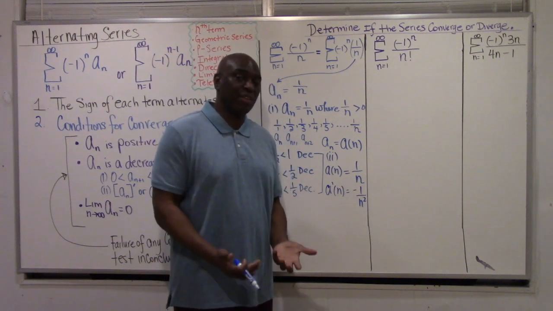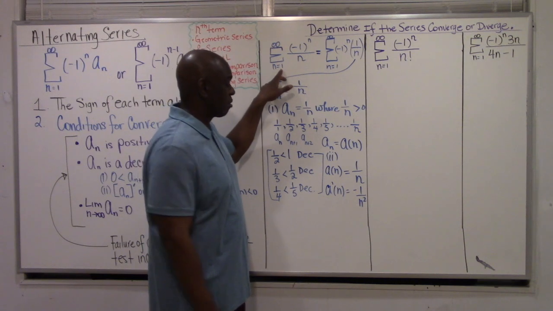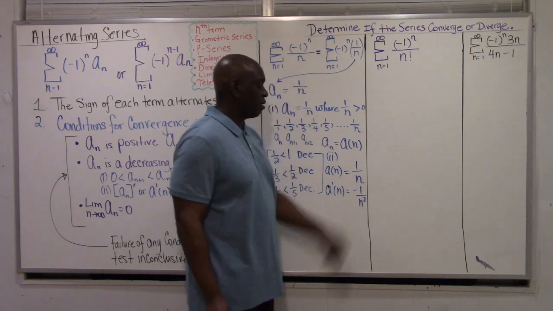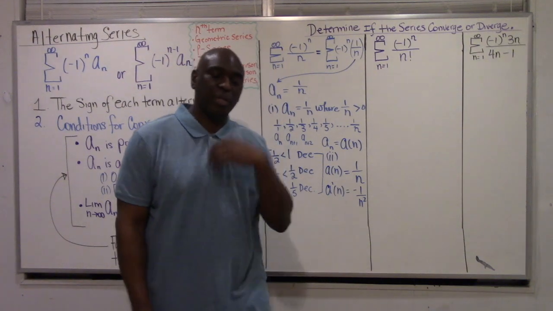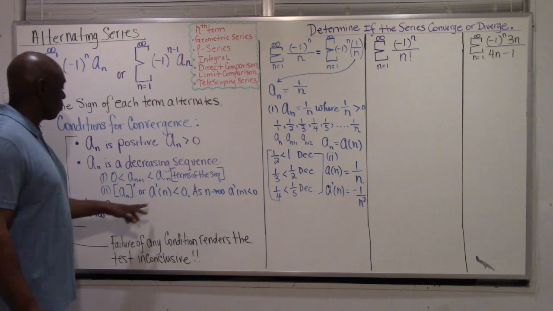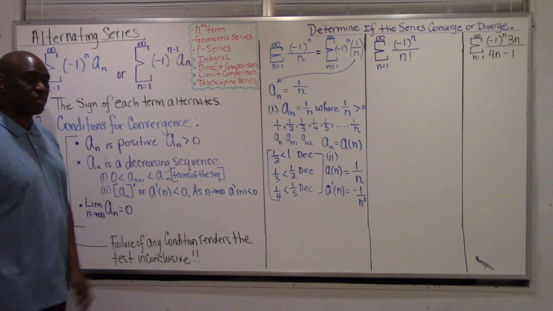And you can see whatever values you put in for n, starting with 1, you're going to get negative 1. If you put in 2, you're going to get negative 1/4. You put in 3, negative 1/9. So as you can see, it satisfies the point that the derivative of a sub n is always less than 0.